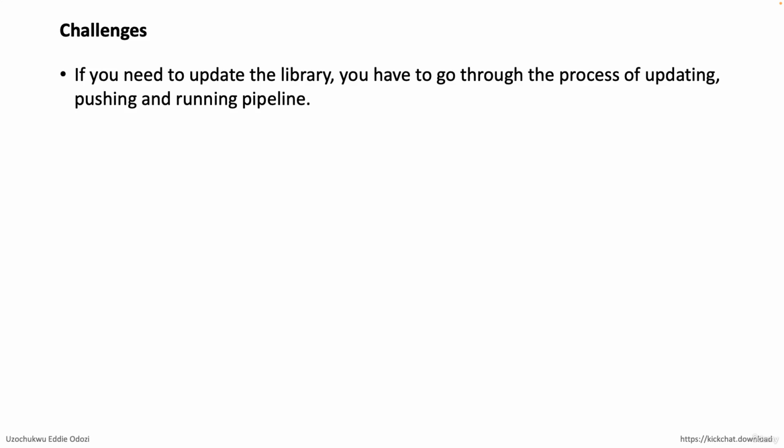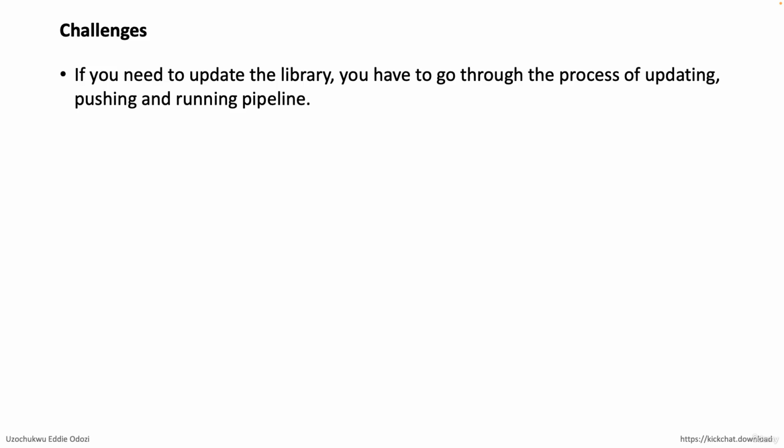One of the challenges with this approach is that if you need to update the library, then you have to go through the process of updating, pushing, and running the pipeline. Yes, we are going to set up a GitHub Actions pipeline because we are going to host it using GitHub and publish with GitHub Actions.